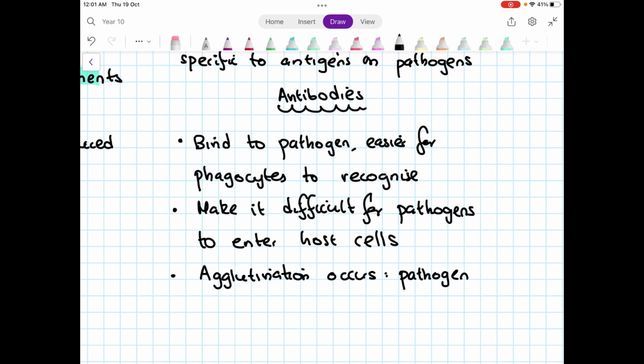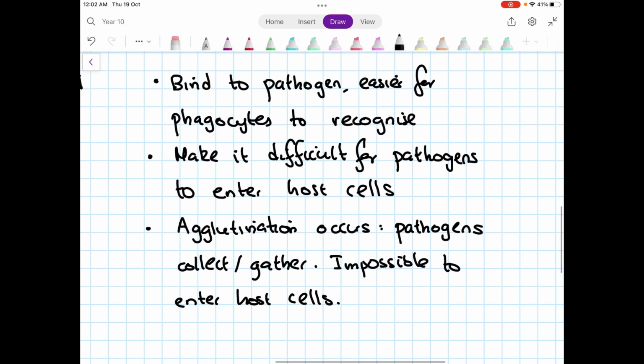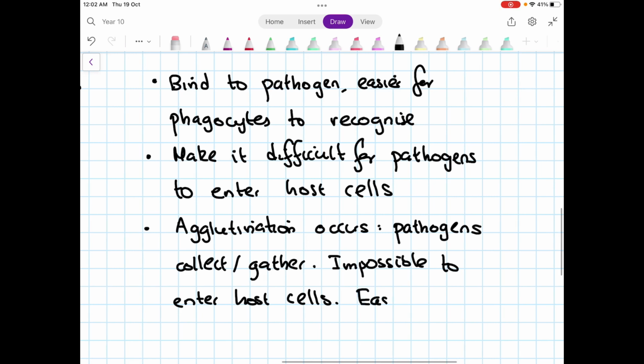So pathogens collect or gather, which makes it impossible for them to enter host cells because they're too big. And it's easier for phagocytes to engulf them in one go.